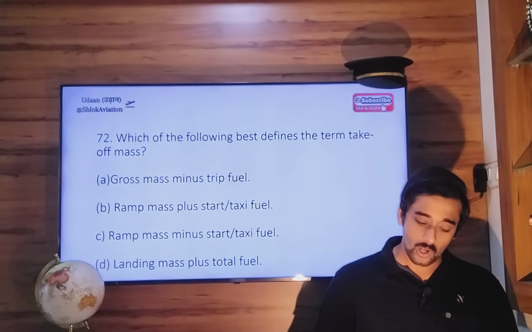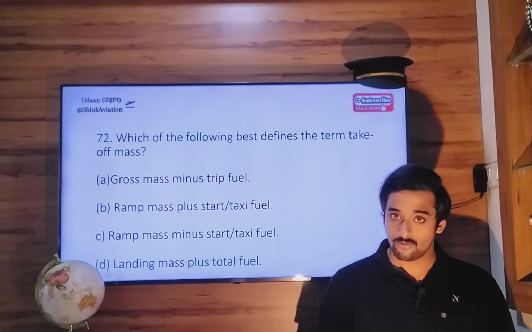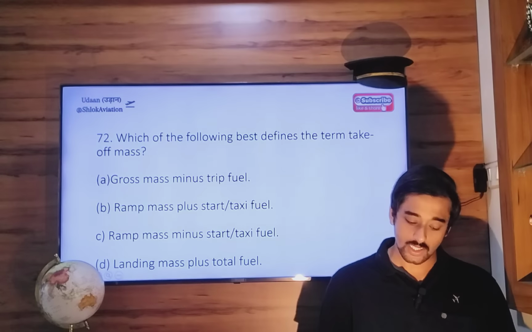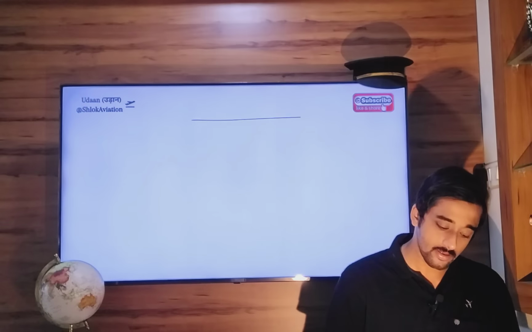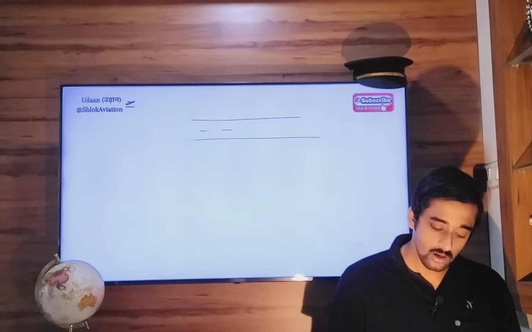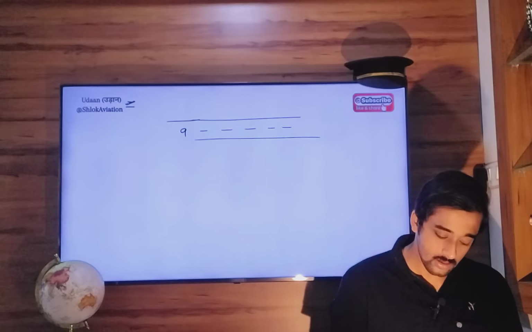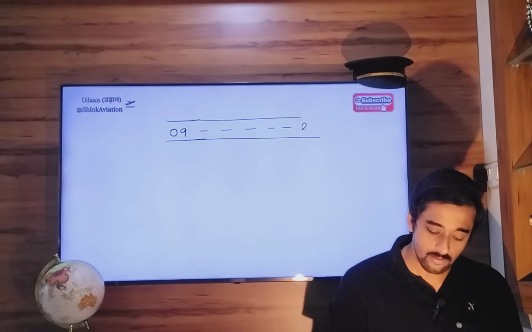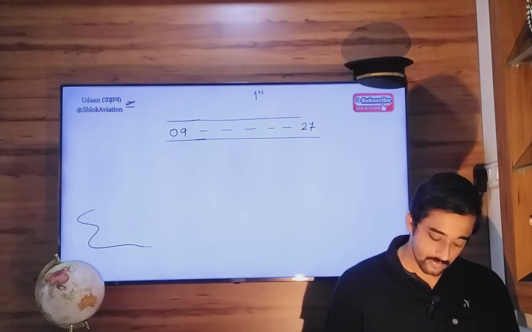Next, which of the following best defines the term takeoff mass? Gross mass minus trip fuel, ramp mass plus startup and taxi fuel, ramp mass minus startup and taxi fuel, landing mass plus total fuel. So let's say this is your runway, 09 and 27, and here is the ramp.